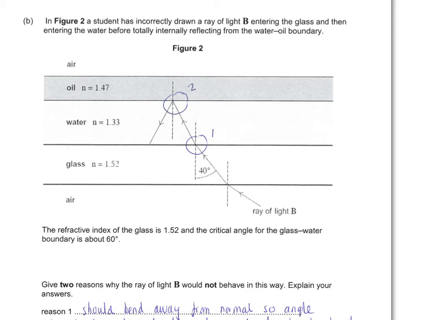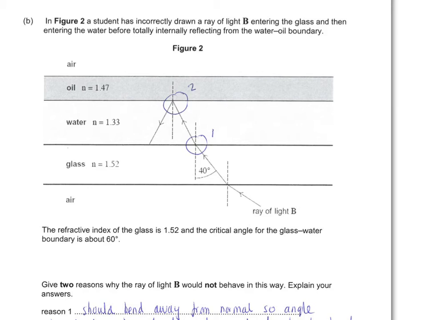The refractive index of the glass is 1.52 and the critical angle for the glass-water boundary is about 60 degrees. We are asked to give two reasons why the ray of light B would not behave in this way and to explain our answers. I'll provide the explanation whilst referring to the diagram, and you can read the written answers at your own pace later.